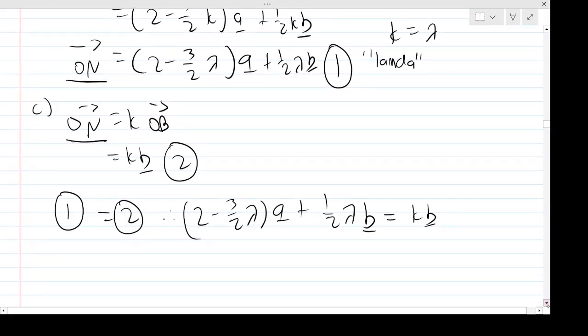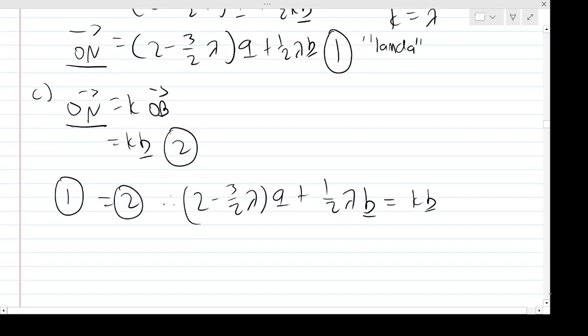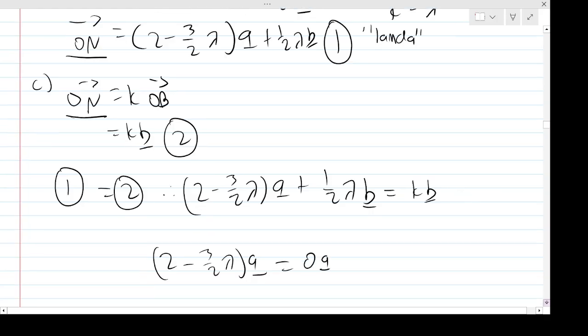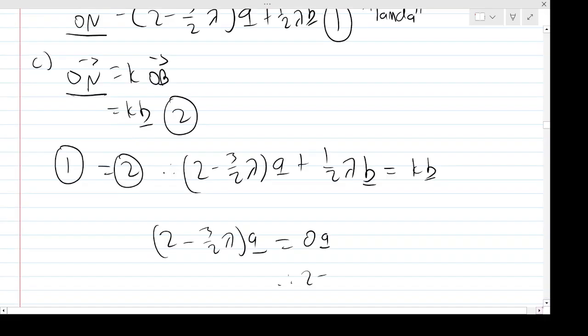But then I can compare coefficients. So I can compare the A part and the B part, right? Well, actually, if you look at the first part, 2 minus 3 half lambda lots of A, there's no A on the second part. Well, actually, that means that it's 0 lots of A, right? Effectively, if there's no A, then it's 0 lots of A. So then I can just say that's 0A, and we can say then that 2 minus 3 half lambda is 0.